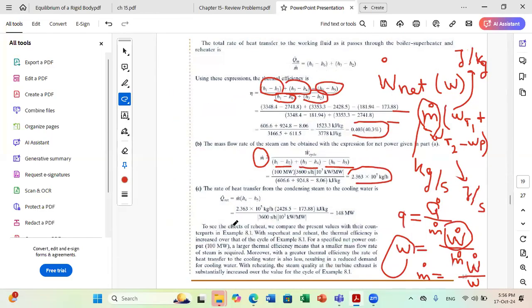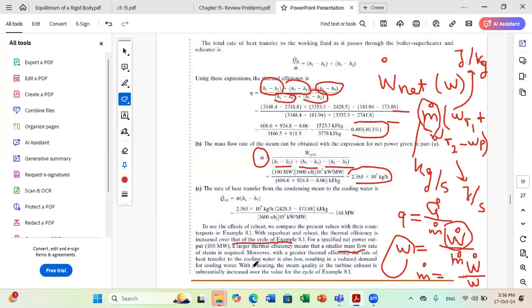So to see the effect of reheat, we can compare the present values with their counterparts in example 8.1. With superheat and reheat, the thermal efficiency is increased over that of the cycle in the first example. And for a specified net power output, a larger thermal efficiency was reached, which means that I can circulate a smaller mass flow rate for the same output.